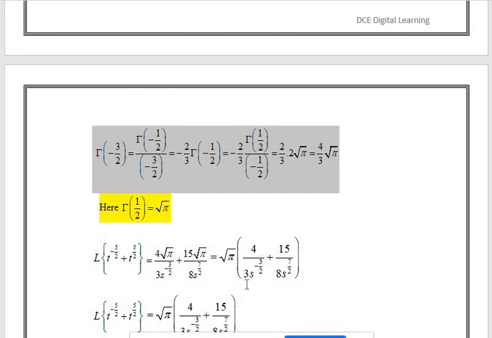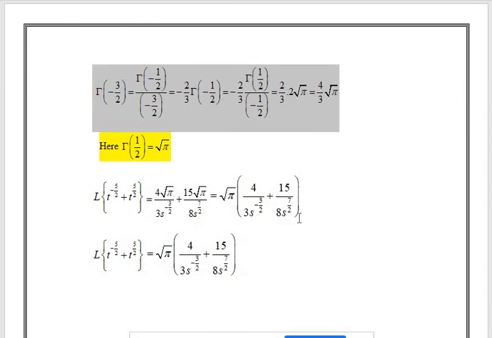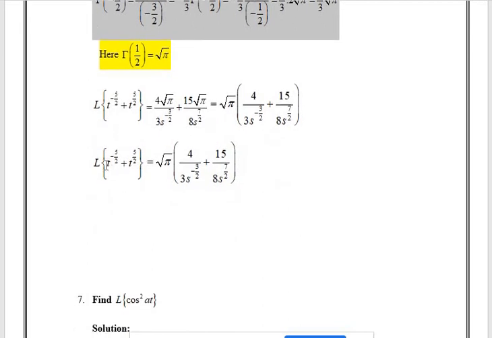Then we get 4 by 3s to the power of minus 3 by 2 plus 15 by 8s to the power of 7 by 2. By simplifying this result, we get Laplace transformation of t to the power of minus 5 by 2 plus t to the power of 5 by 2 is equal to root pi times 4 by 3 s to the power of minus 3 by 2 plus 15 by 8s to the power of 3 by 2.